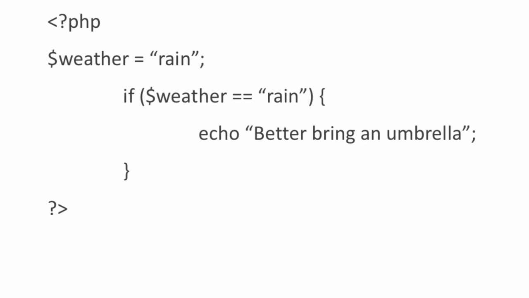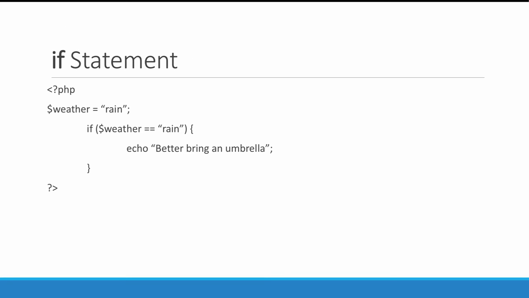So let's look through this now as to what it's actually saying. What we're doing here is we're setting a variable called weather, and we're saying that the value of that weather variable is rain. Now if we look at the actual if statement itself, we're saying if the weather variable in this case equals, because we have two equal signs, the word rain, and in this case it does.